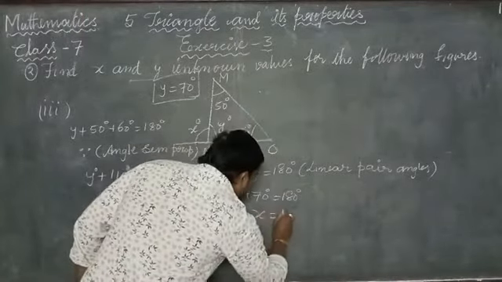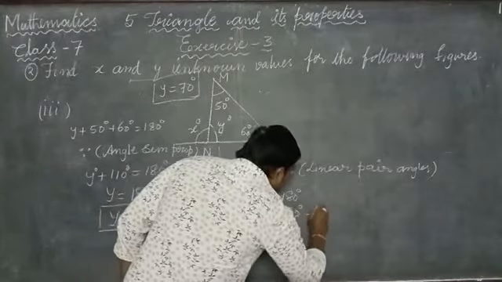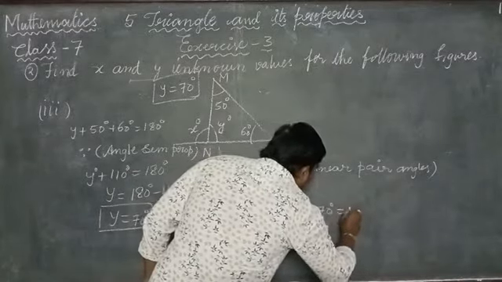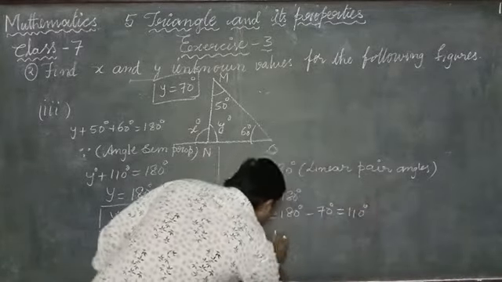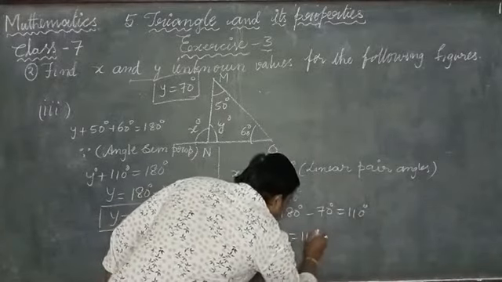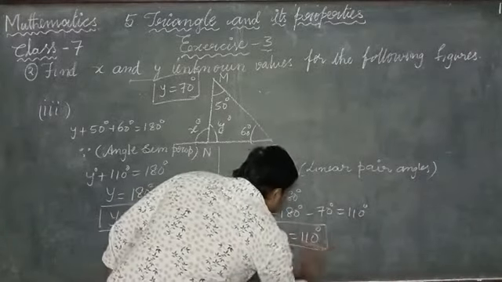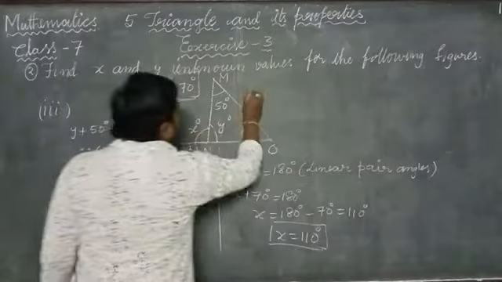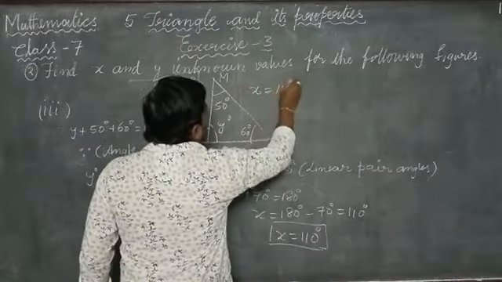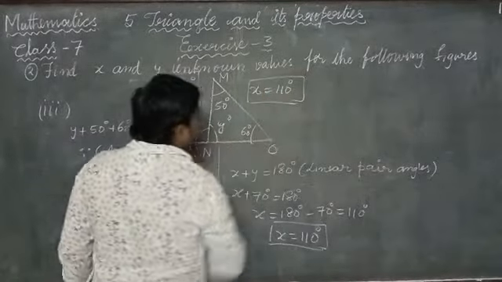Then x equals 180 minus 70 degrees. It means 110 degrees. Then x equals 110 degrees.